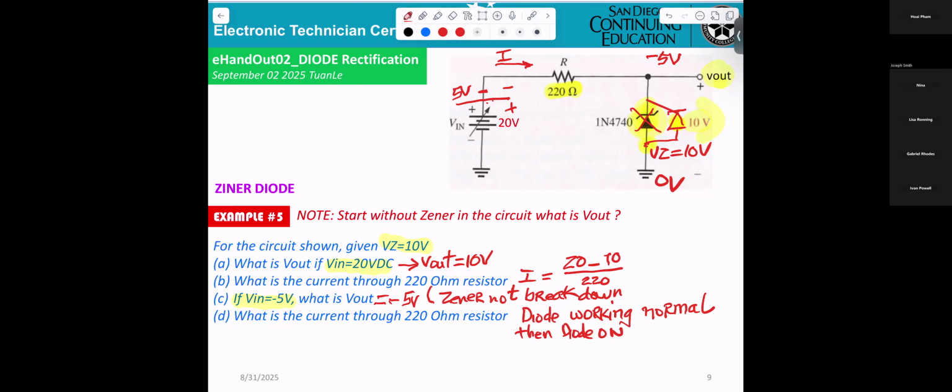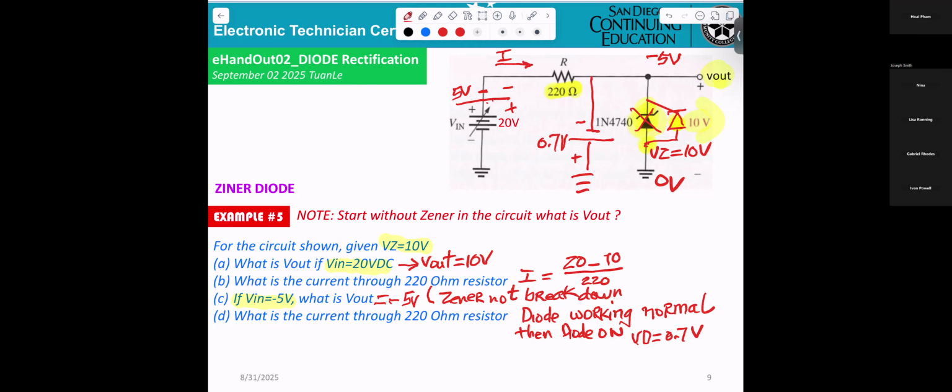Okay, diode on. They're telling you VD is 0.7 volts, so the diode is on. Now it looks like negative here, positive here, 0.7 volts.